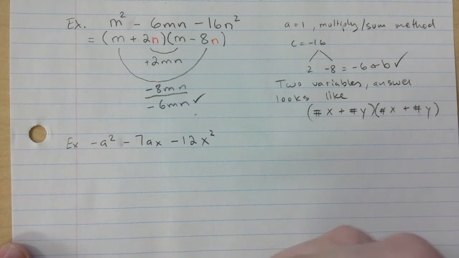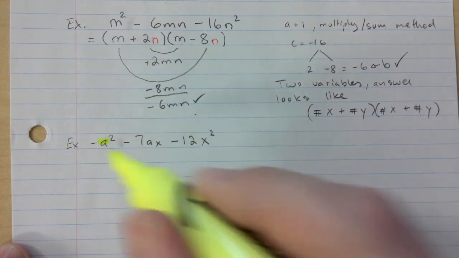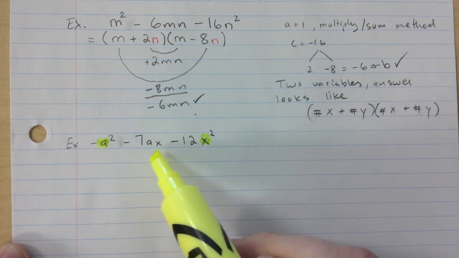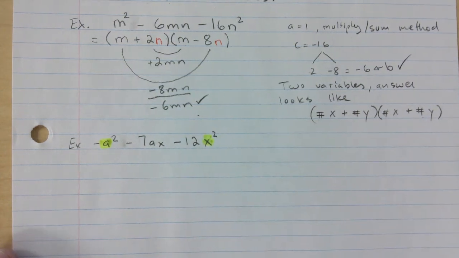So notice again, you have the one variable there and another variable there, and they meet in the middle, right? So you know that there are two variables there.